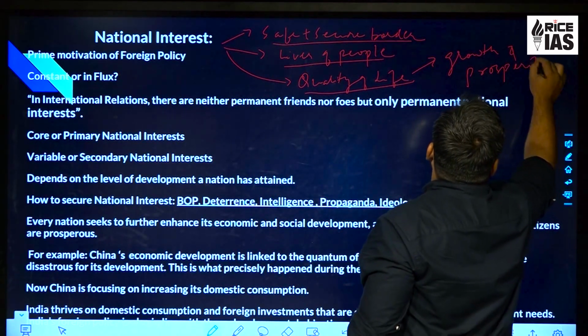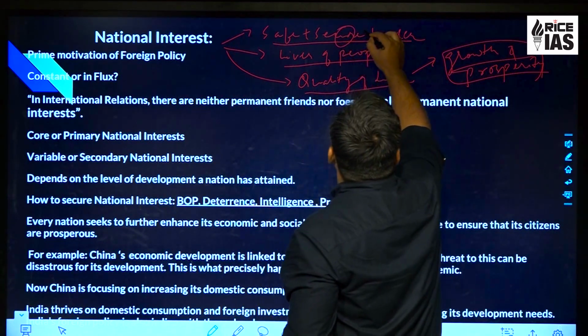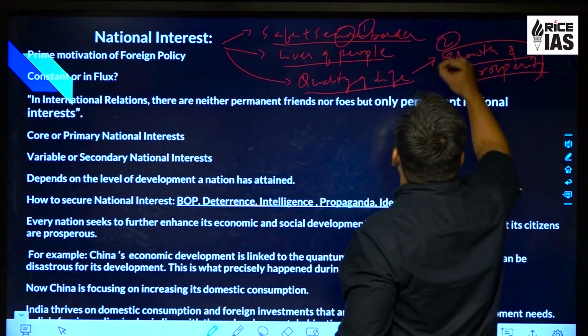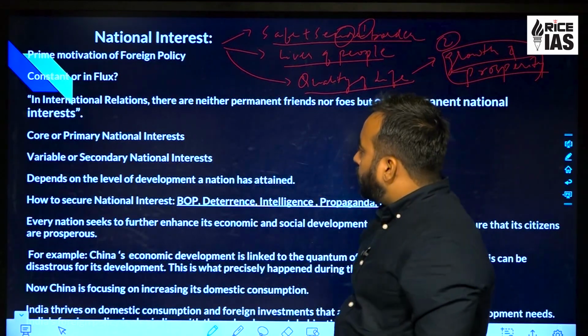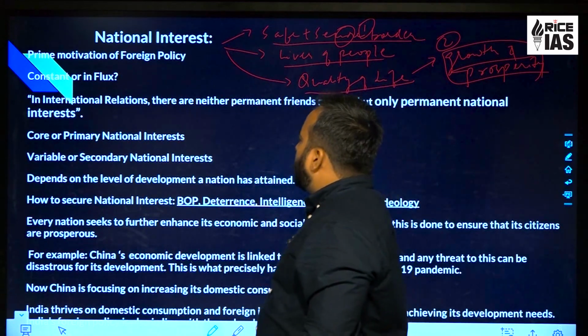So security, growth, prosperity. These can be called national interests.